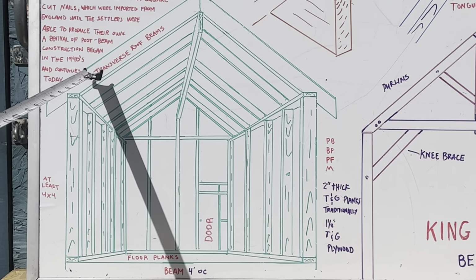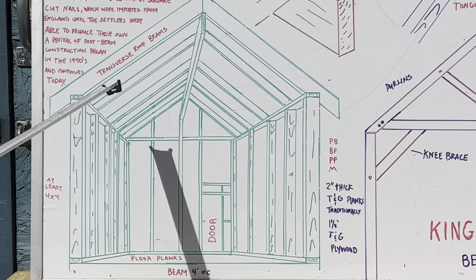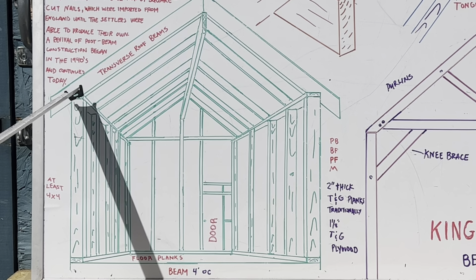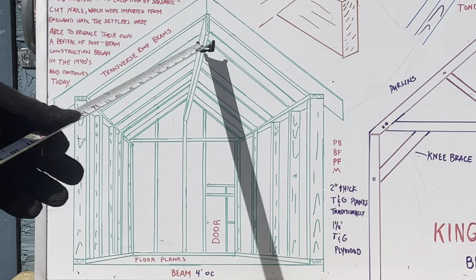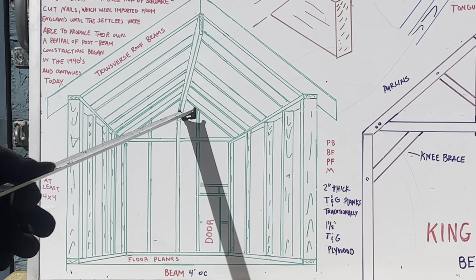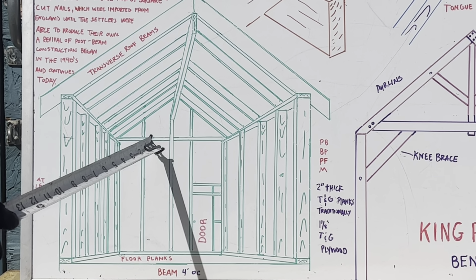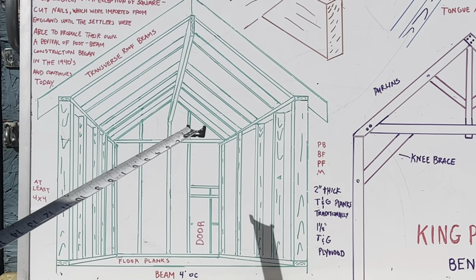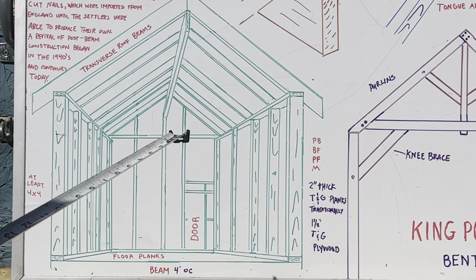So this right here is called transverse roof beams, which run from your exterior wall to your ridge beam right here, okay? Now this ridge beam is supported, you see right here, by this post, okay? Now a ridge beam is a structural or load-bearing member, okay?